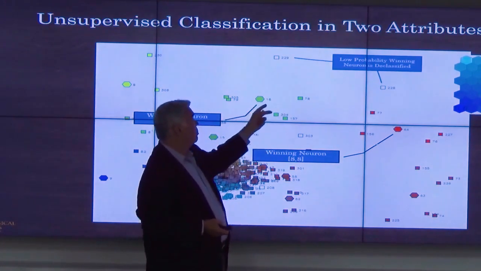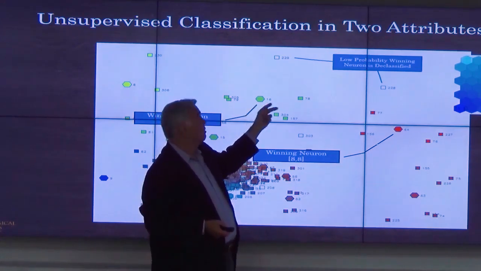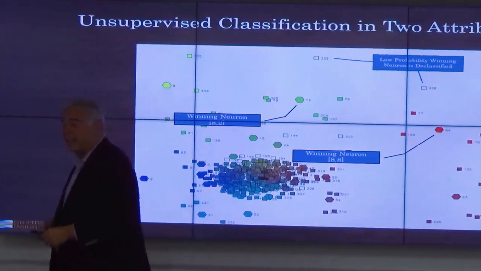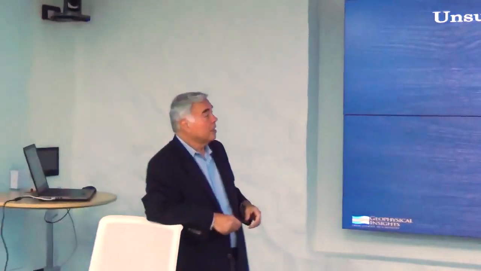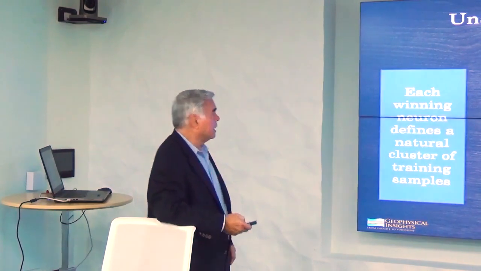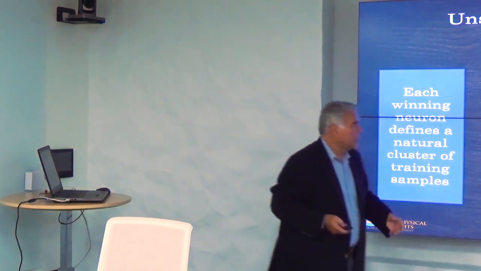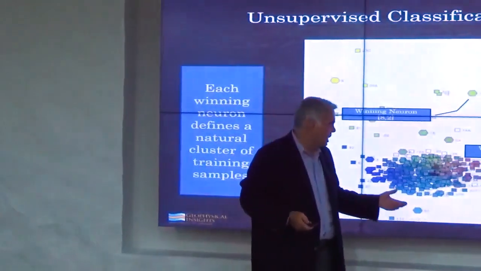So what we have here, those that are close, well, this classification was a good classification, but those that are far out, those are still anomalous. Yeah, they've been classified, but because of the large distance, large error, in other words, those are the anomalies. And that's really the important thing here. Each winning neuron defines a natural cluster, but the samples in that natural cluster, some of them are going to be good and some of them are not.